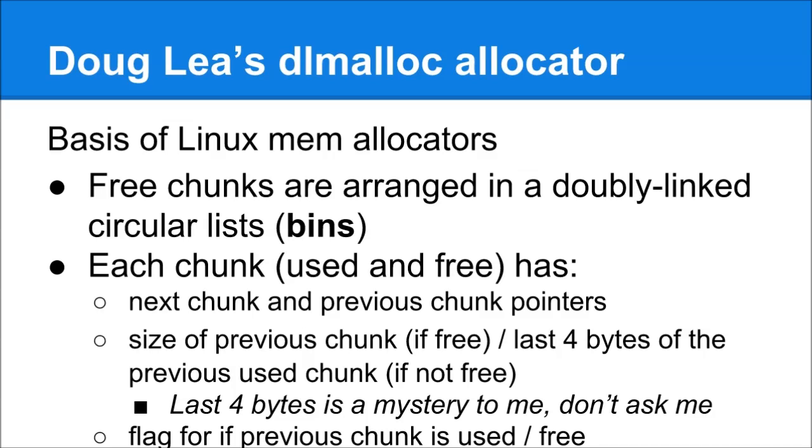It's a circular doubly linked list, so it points all the way back to the beginning at the end of it. And each chunk, both used and free, has a pointer to the next chunk and the previous chunk, and the size of the previous chunk, and the last 4 bytes of the previous chunk if not free.